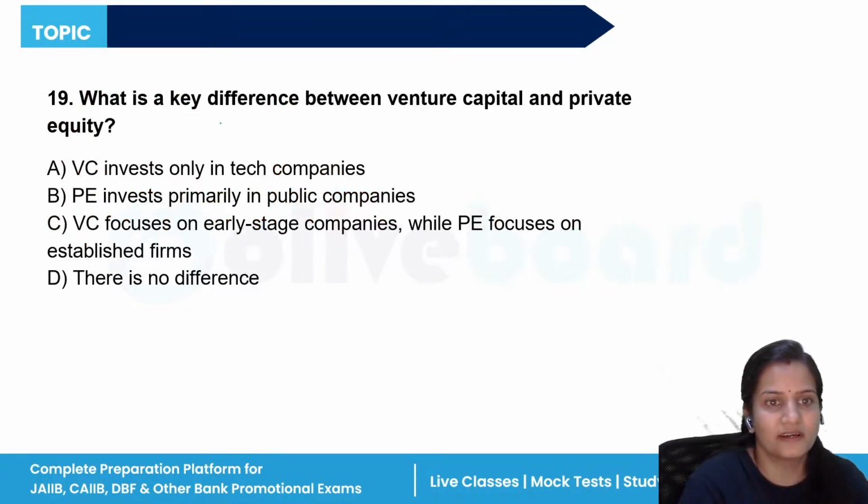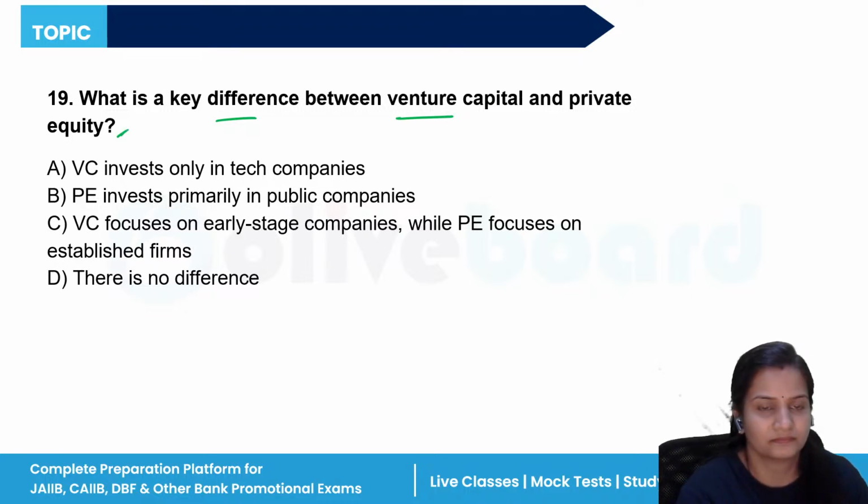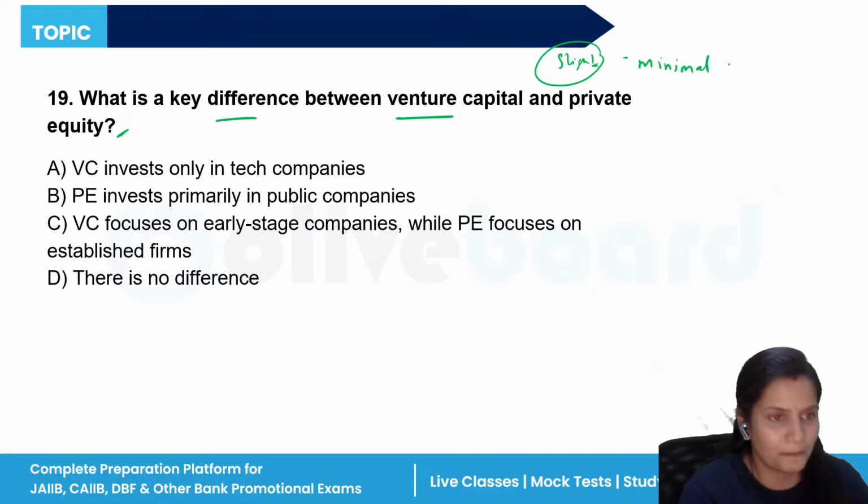Now, what is the key difference between venture capital and private equity? Basically there is no difference between these two, only a slight difference. Rest everything is the same. What is that minimal difference? Venture capitalists, comparatively with PE, focus on early stages, and PE focuses on established firms.